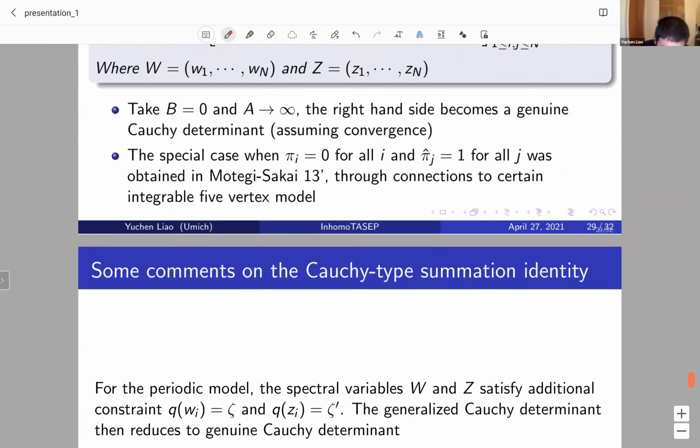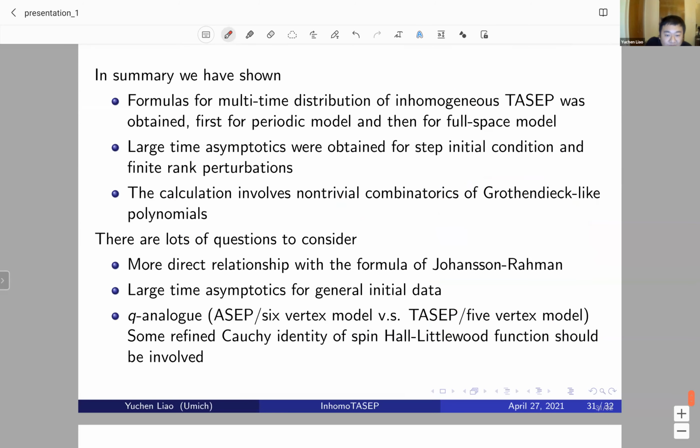Another thing is, as I mentioned, but I didn't show you, the formula works for general initial condition, at least at the finite time level. And there's one tiny little block of the matrix kernel that needs to change, and that change is also related to Grothendieck polynomial. It basically encodes the information of the initial data.